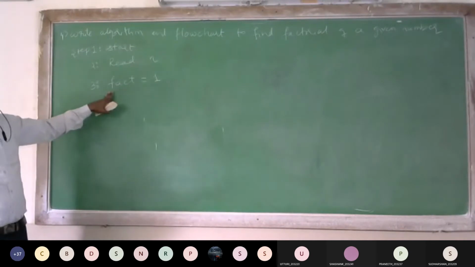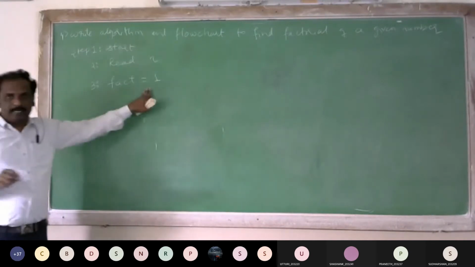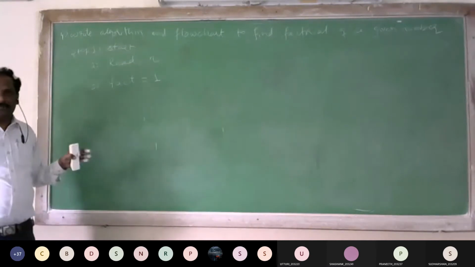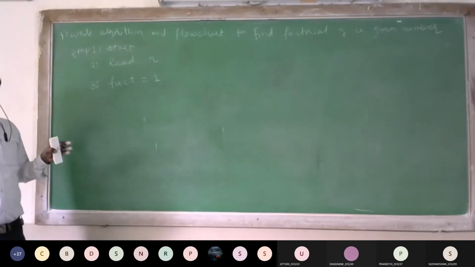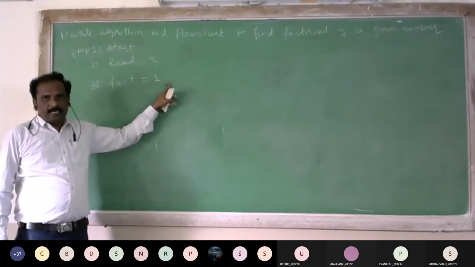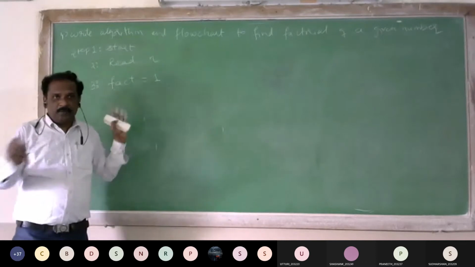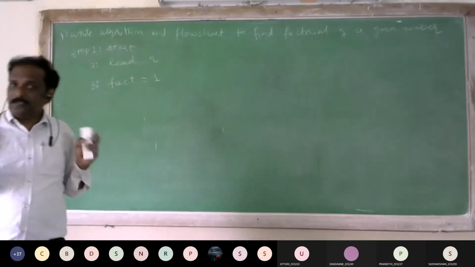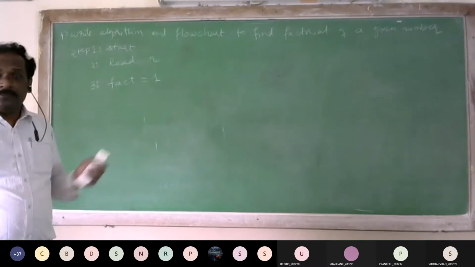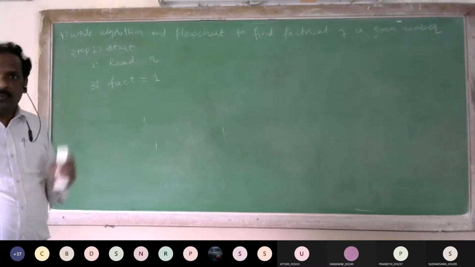But here, before starting, the factorial is 1, because 0 factorial itself is the minimum, that's why I am taking it as 1.